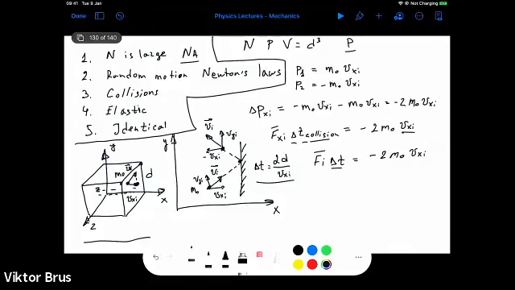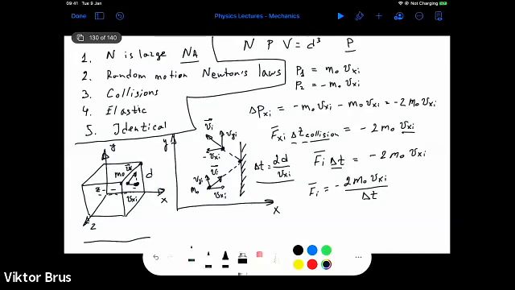Okay, now let us determine this average force, which up to now we consider this average force which is exerted on the molecule from the side of the wall. So this is Fi. Sorry, it's not vector, it's just average. It is equal to minus 2m naught Vxi divided by delta t.